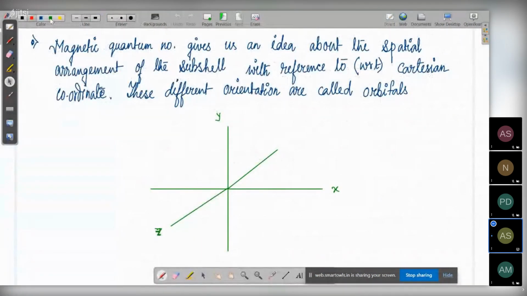So now we will draw the shape of s orbital. We have seen that s orbital is spherical, but obviously we cannot draw a 3-dimensional sphere over here. So we'll just make it look like a circle.